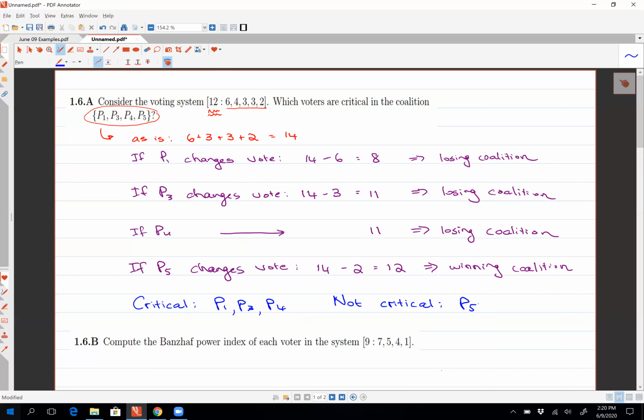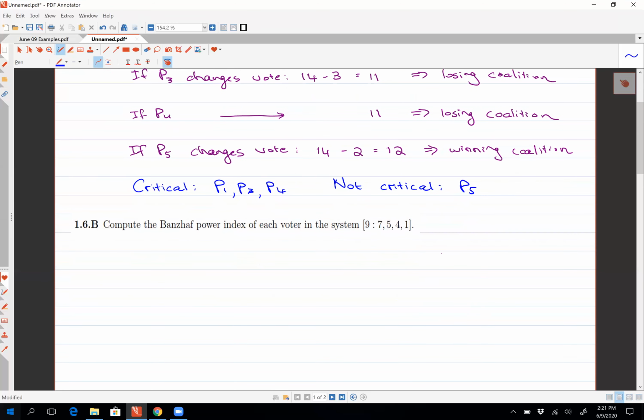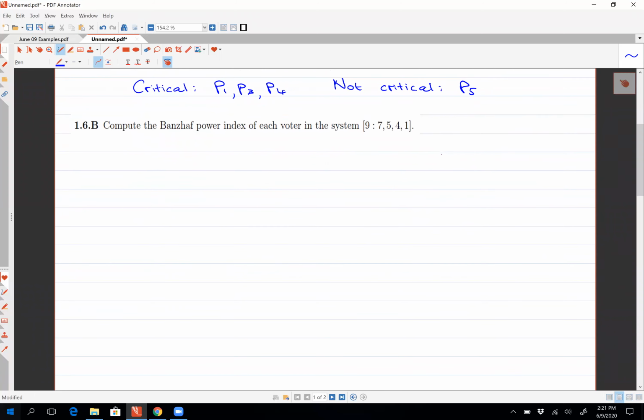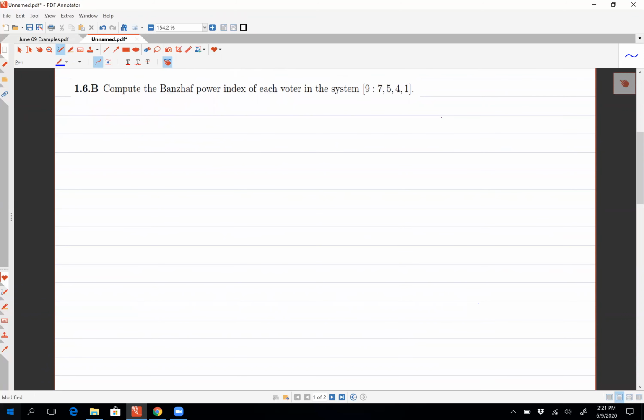So that is the important concept here of determining whether a voter is critical in a coalition. See what happens to the vote total if you remove that voter and whether it switches from a winning to a losing coalition. That is the concept we need to investigate when we are calculating the Banzhaf power index.